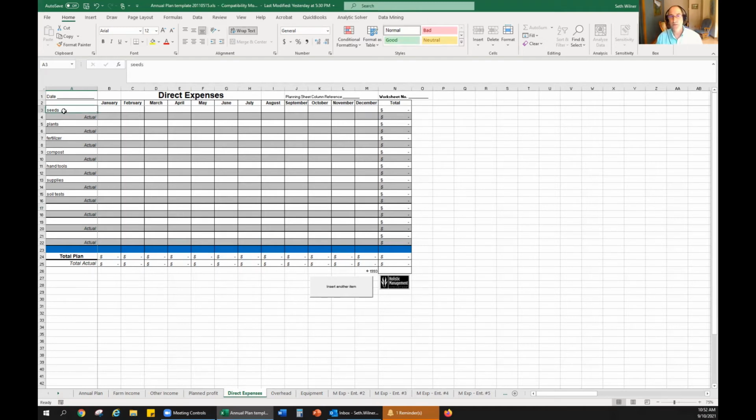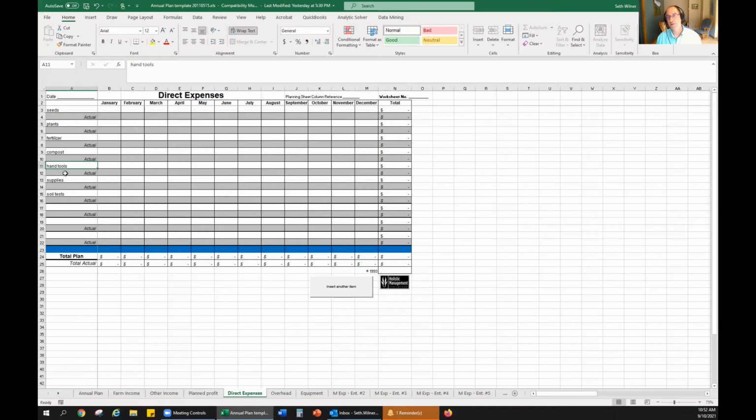So if you grow 50 tomato plants, or if you grow 150 tomato plants, this number is going to obviously change, right? And if you fertilize a 50 by 100 area of land, or if you fertilize an acre, that number is going to change.